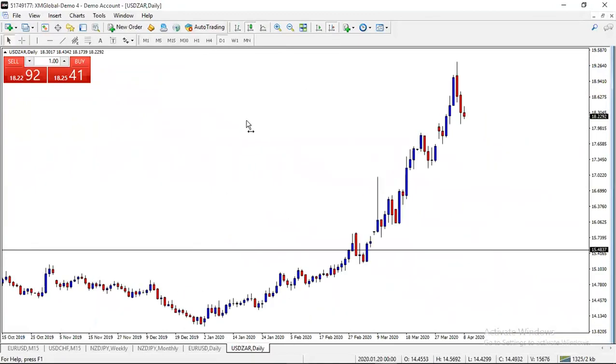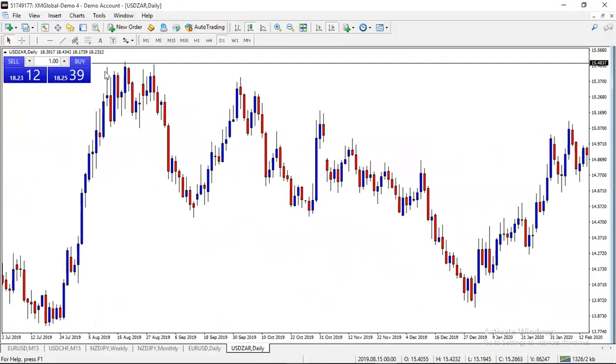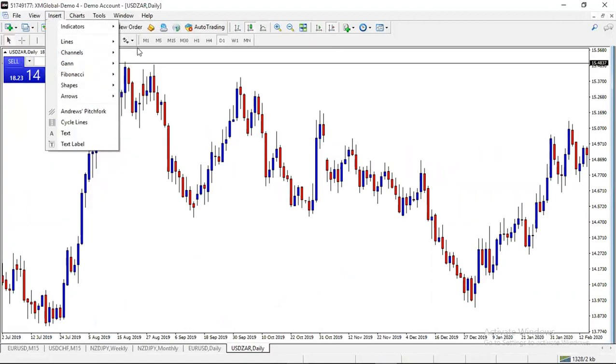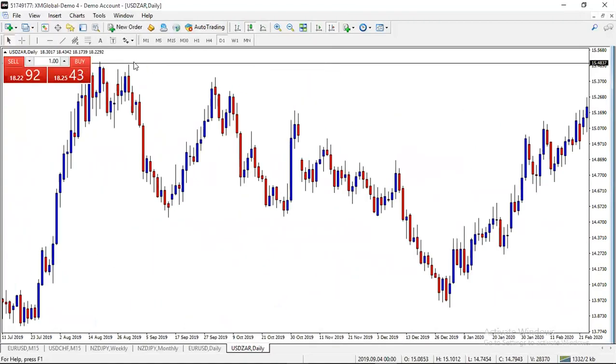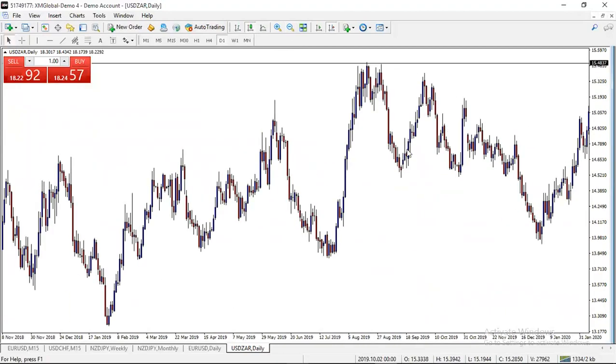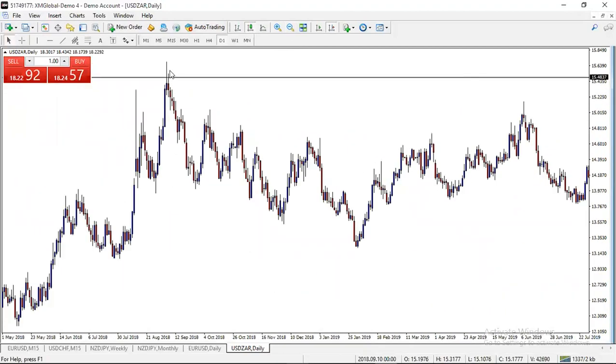So I know that when the market is just around this price, there's a resistance here.